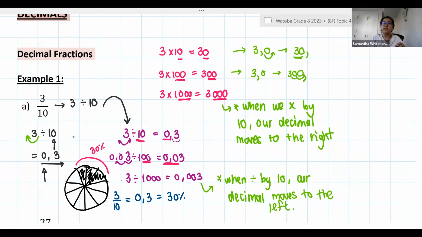So fractions, decimals, and percentages work hand in hand with each other. Now, if the percentage thing confuses you, just ignore that. It might be helpful for some, it might not be helpful for others. But everything that we're doing in terms of fractions, decimals, and percentages, they do all go hand in hand.